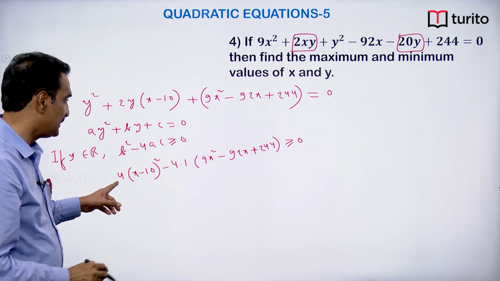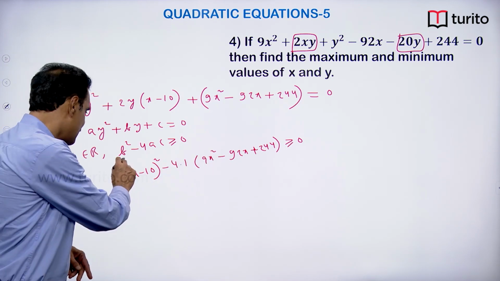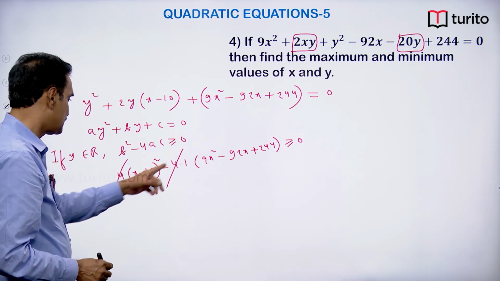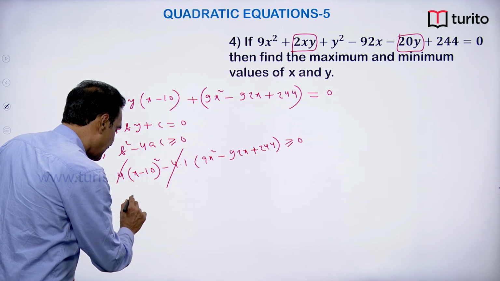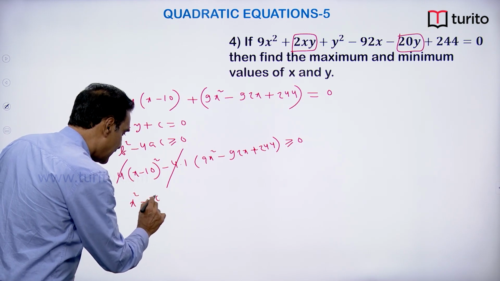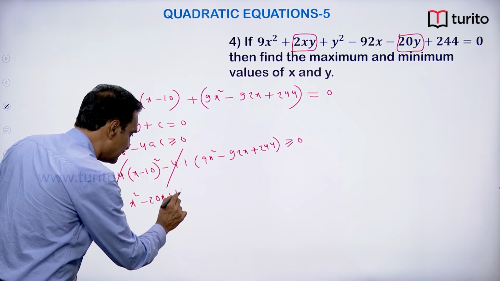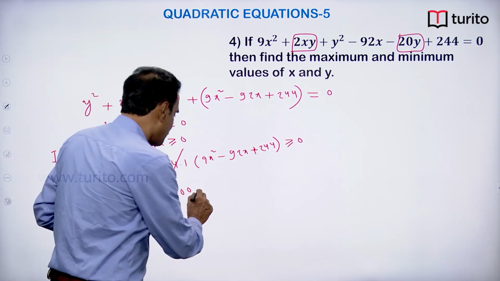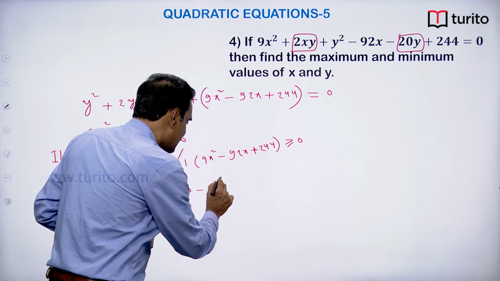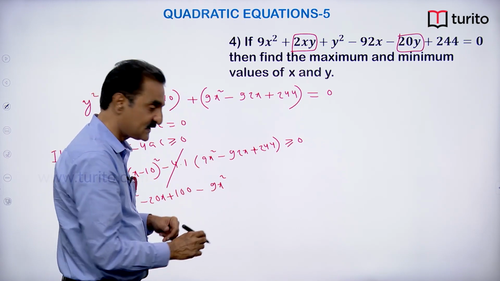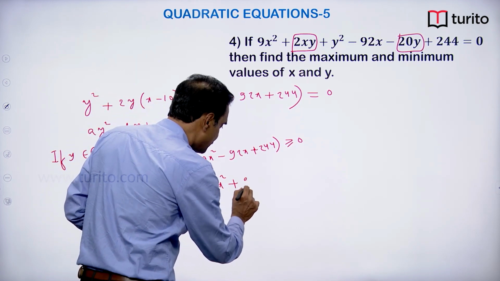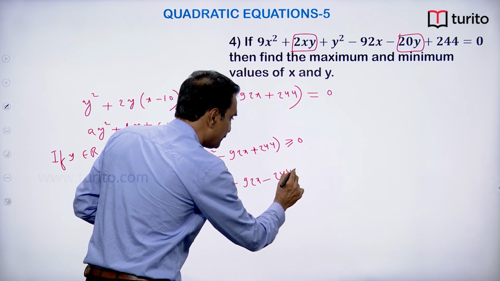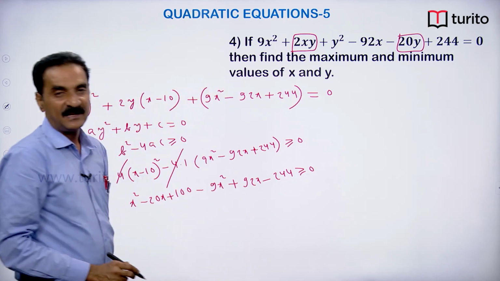Let us simplify. You can cancel 4 on both sides. You can divide both sides by 4. Expand the square, x square minus 20x plus 100, a minus b whole square formula. Minus of 9x square minus into minus plus 92x minus 244 greater than or equal to 0.